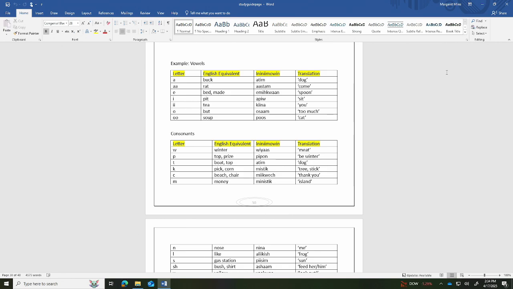Asham, meaning feed her or him. The letter Y, as in yellow. In the Nimuan language, yagwa, meaning look out or watch out. And the letter H, ahem in English, and in the Nimuan language, ehe, meaning yes.